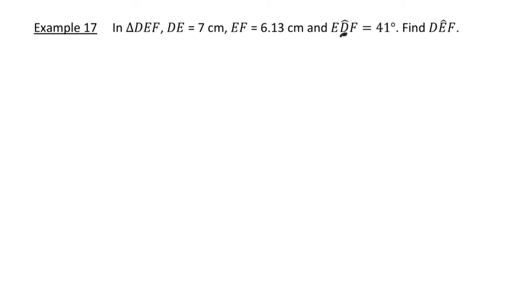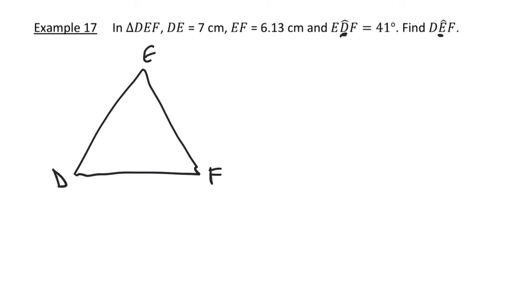Example 17, in triangle DEF, DE is 7, EF is 6.13 and EDF, so that means the angle at D is 41 degrees. Find angle E. So we can draw a triangle, D, E and F. We know that angle D is 41, and we know EF is 6.13 and DE is 7, and we're trying to find angle E, so I'm going to call that x.